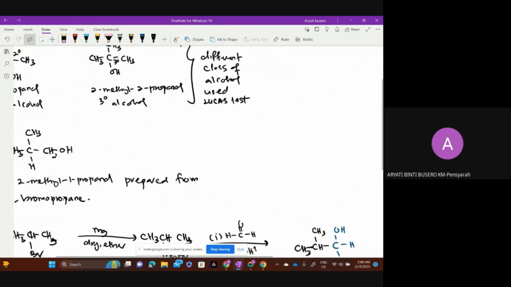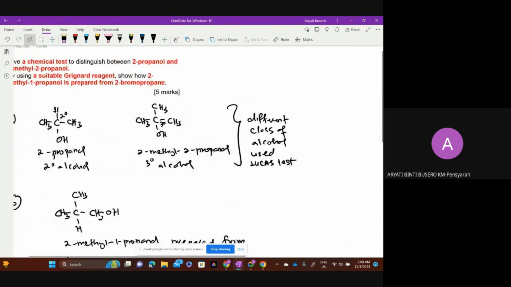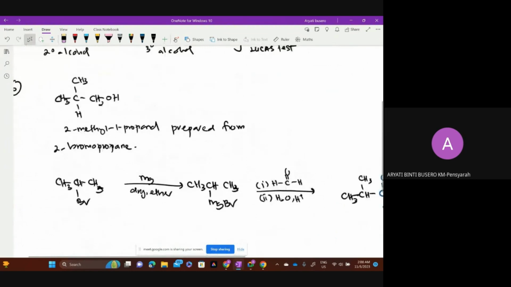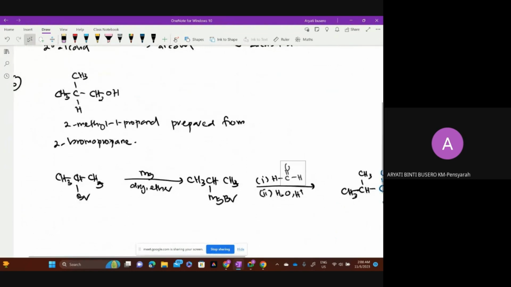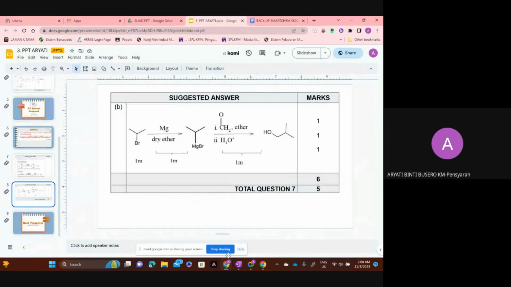So the allocation of marks: earlier the chemical test observations already got 3. So this is 2. The allocation of marks is magnesium in dry ether 1 mark, then methanal in dry ether followed by hydrolysis another 1 mark.